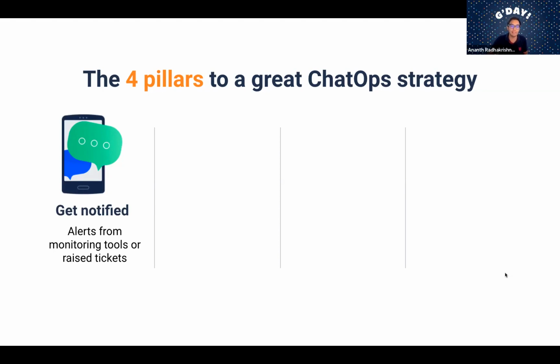And when it comes to the incident management world, this could be alerts from monitoring tools. So let's say your Datadog or your Splunk or your SignalFx, right? When alerts are raised on them, making sure that you can get notified of them in your Slack channels, your team channels, becomes super critical as part of bringing that visibility into that work into your chat tool.